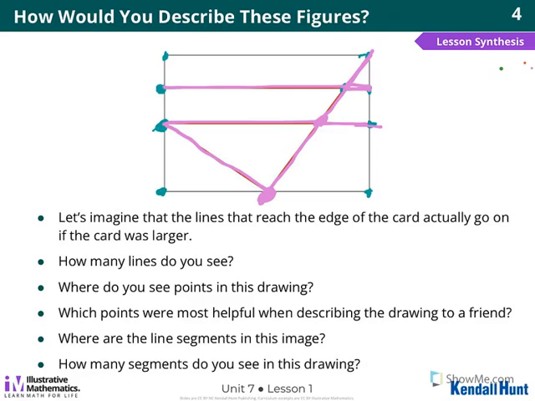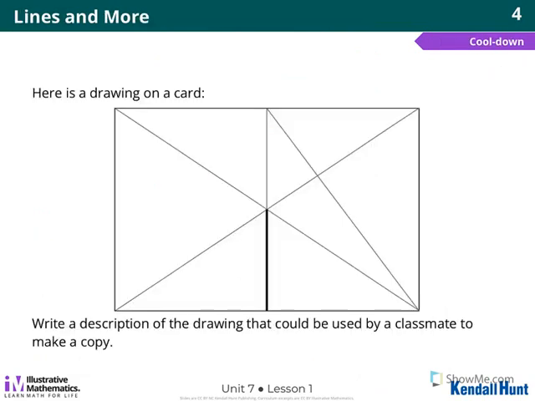All right. And stop your conversation. We're going to count. We have 1, 2, 3, 4, 5, 6, 7, 8. There's 8. Raise your hand if you got 8. Nice. So we have 8 line segments.